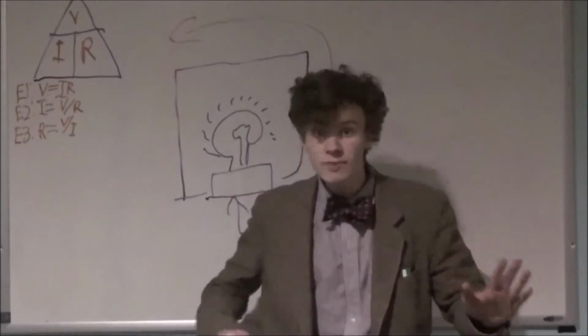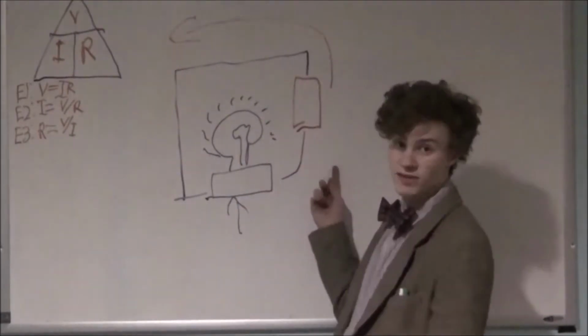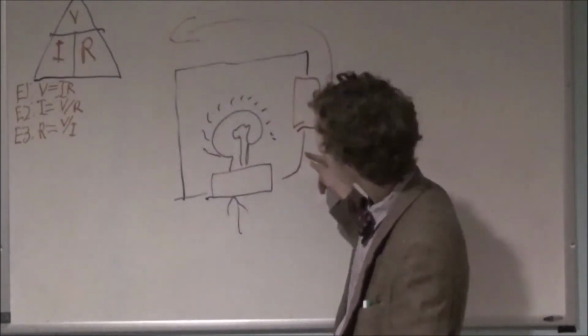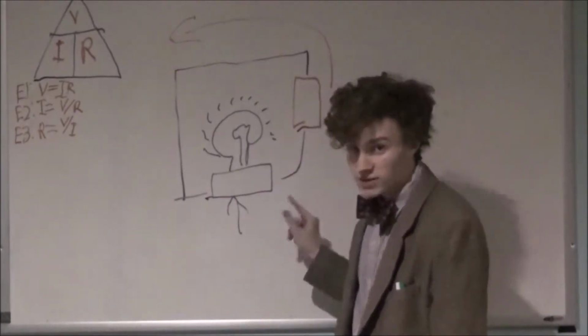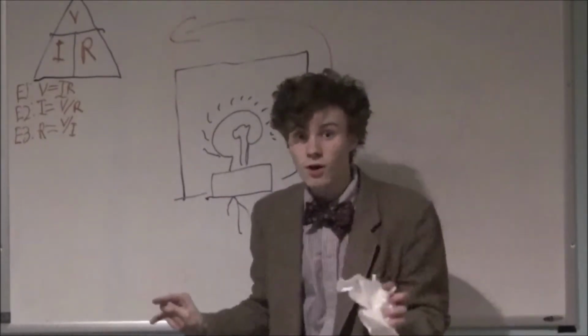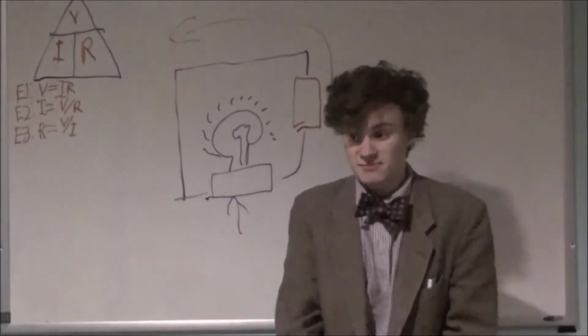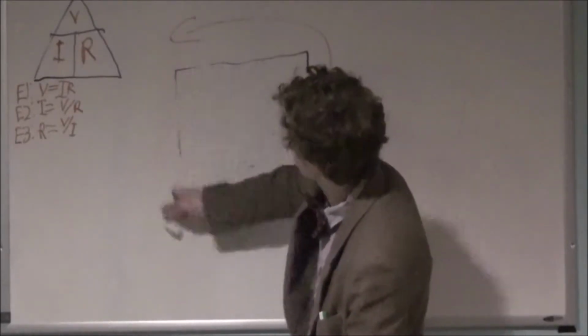Well, there are two main types of circuits. The most straightforward type of circuit is one that we have here, a series circuit, where the items all come one after another in an uninterrupted line. And for a series circuit, if you want to find the overall resistance, you just add the resistances. It's pretty simple, but we might as well make it an equation.